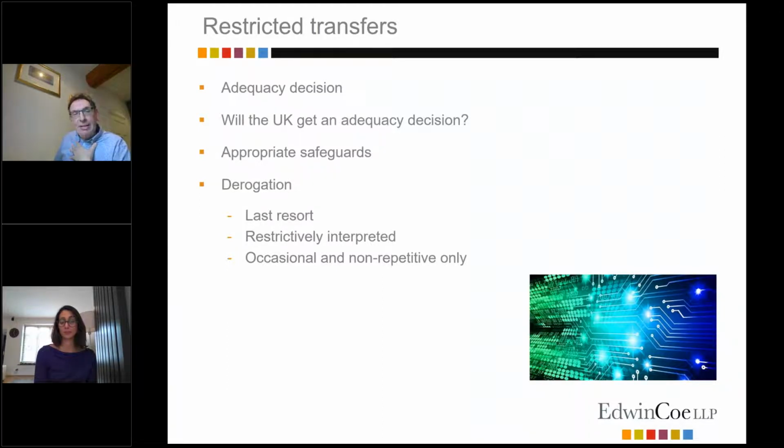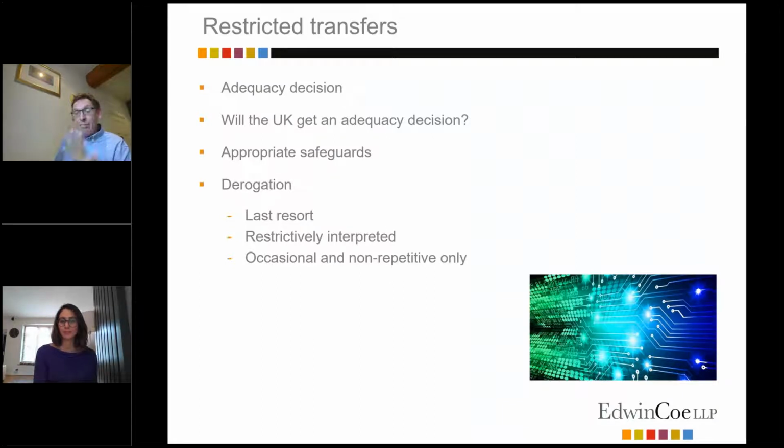The speculation is that if there is a trade deal, tacked onto that will be a provisional finding of adequacy in favour of the UK. So it's a kind of watch this space thing, but the general feeling is that the UK will get a finding of adequacy if there's a trade deal. It may not, and of course there may not be a trade deal.